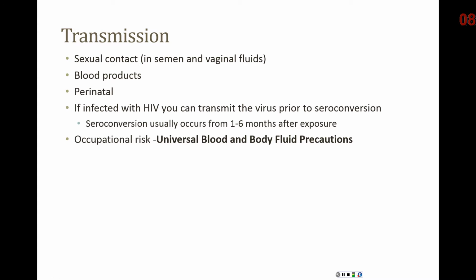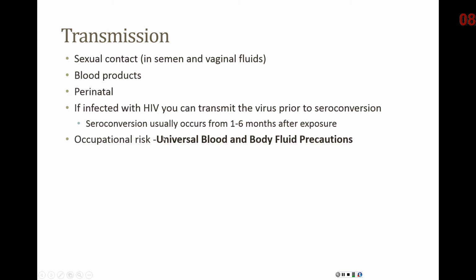So there is a window period of 1 to 6 months after the person has been exposed where the antibody is not fully forming yet in the body, but you absolutely can transmit. We are able to test for it during this time, so it's very easy now. We have very sensitive testing to identify the presence of HIV, but the full seroconversion and formation of antibodies does not happen immediately upon contact with the virus.